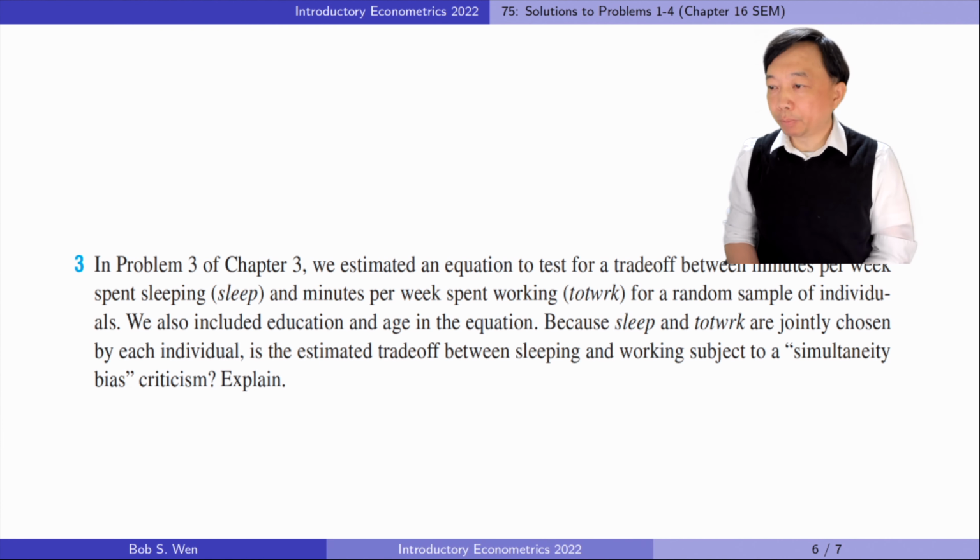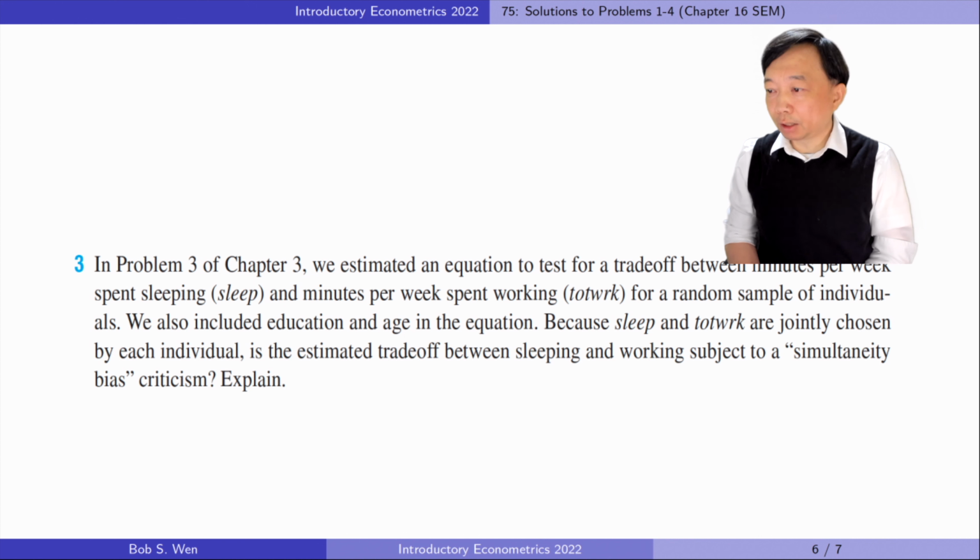Let's answer Problem 3. In Problem 3 of Chapter 3, we estimated an equation to test for a trade-off between minutes per week spent sleeping and minutes per week spent working for a random sample of individuals.